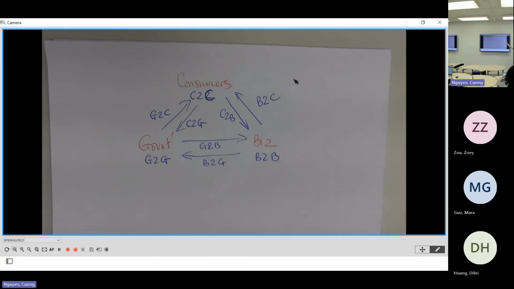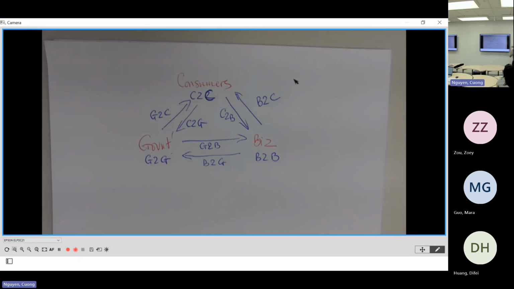Which one among these is the most in terms of value? Business to government, taxes? B to B. The most in value is B to B. So think about that. Which one is the most in volume? G to C, the government usually doesn't.